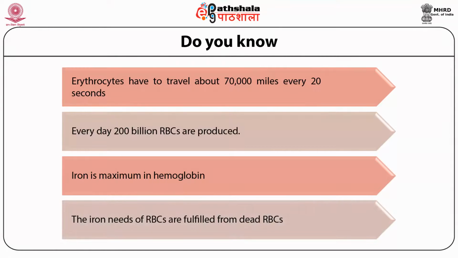The iron needs of RBCs are fulfilled from dead RBCs. That is the utilization of the dead RBCs in a cost-effective manner by the body itself. The body has the mechanism to reuse the iron from dead RBCs.